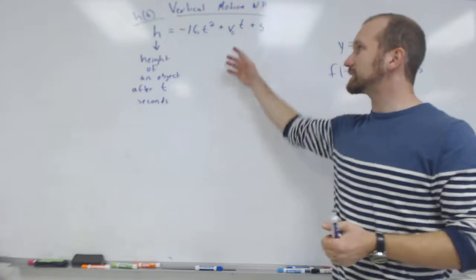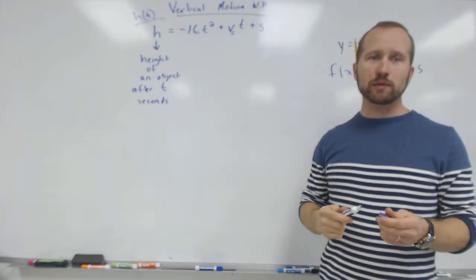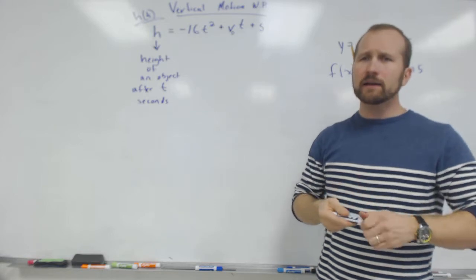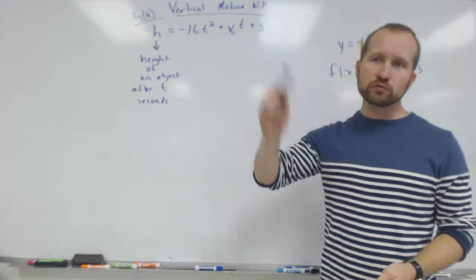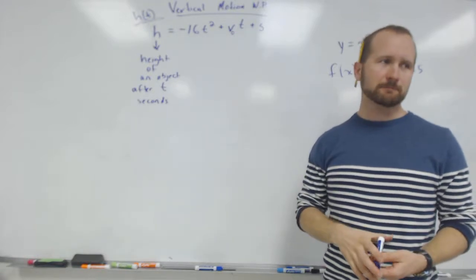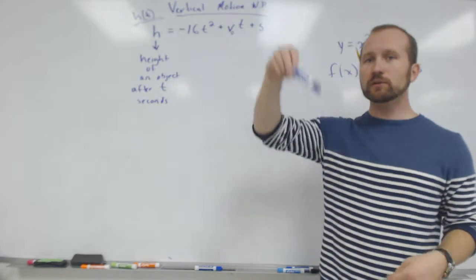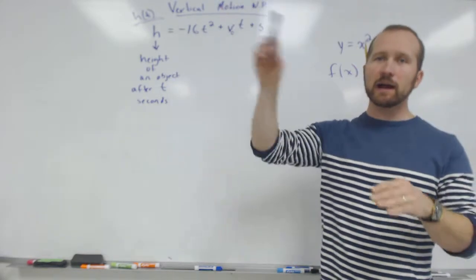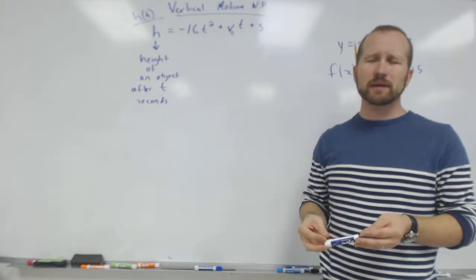And what this equation is saying is just a basic principle of physics, right? The height of any object, whether it's thrown, dropped, kicked, whatever, as it's moving through the air, the height of that object is a function of the time that it's been in the air.